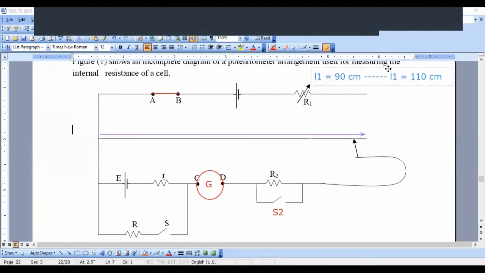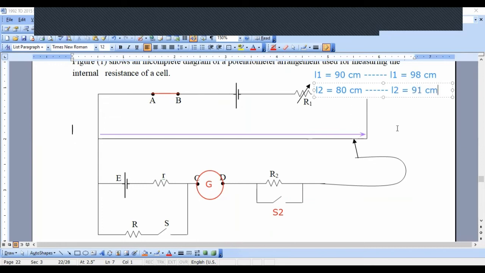to do this adjustment, we must use L1. So we adjust R1 until L1 becomes something like this, 90 to 98. After that, we start finding L2. Earlier it was 80 centimeter. Now both L1 and L2 should be increased. 90 has increased up to 98, so most probably L2 will increase up to 88 or 89, maybe maximum 91 centimeter.